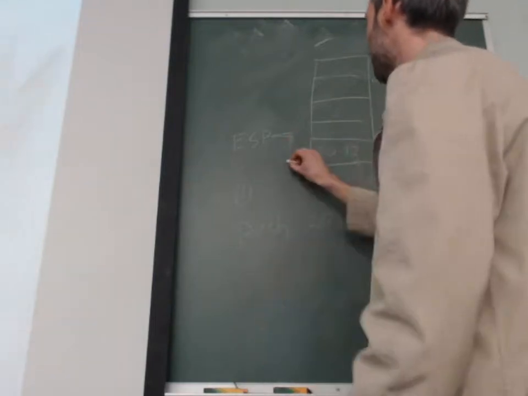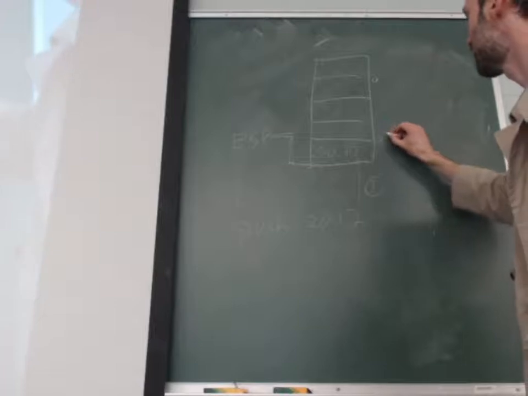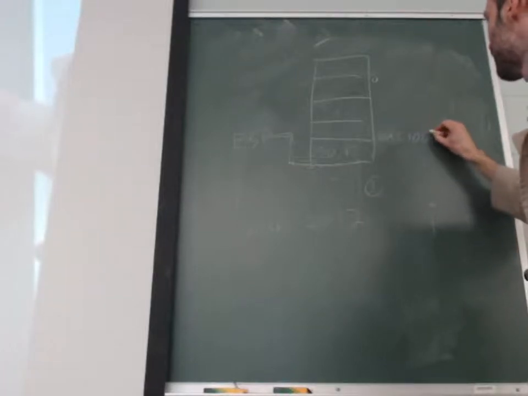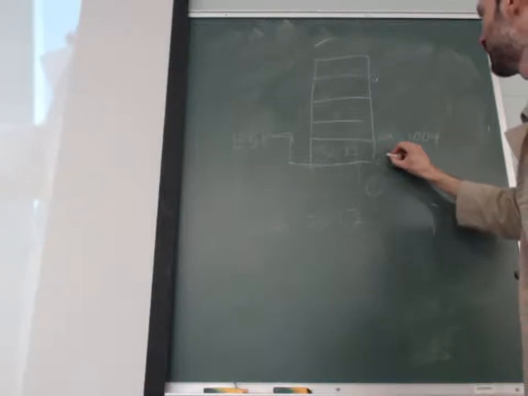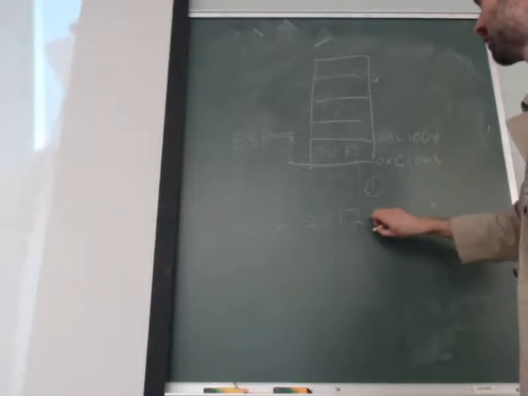Wow, that's hard to see. So let me do it on the other side, and that way I can use bigger numbers. So we'll call it 0xC1004. And then this one will be 0xC1008.